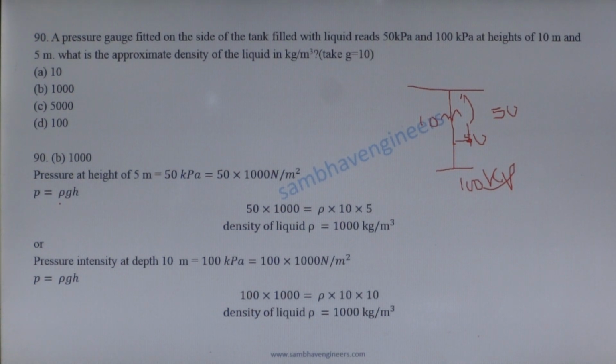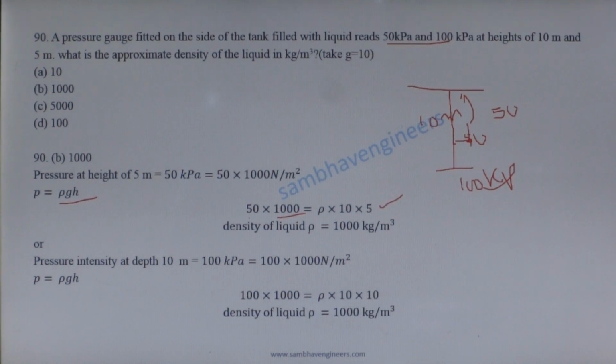Pressure intensity P is equal to rho g h. Pressure P is equal to 50 multiplied by 1000 in Newton per meter square is equal to rho, g is equal to 10 meter per second square and h is equal to 5 meter.